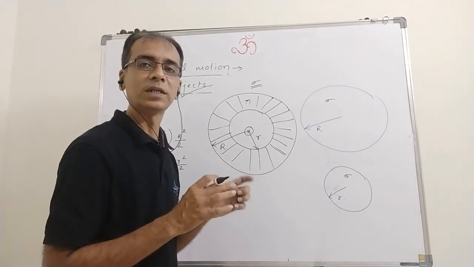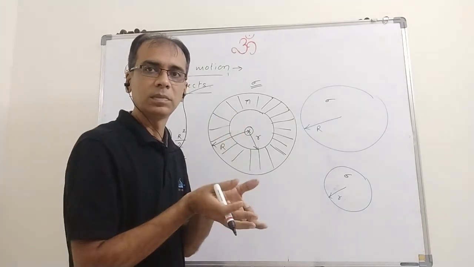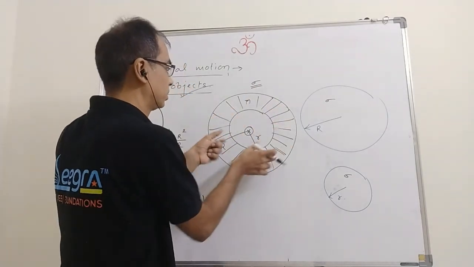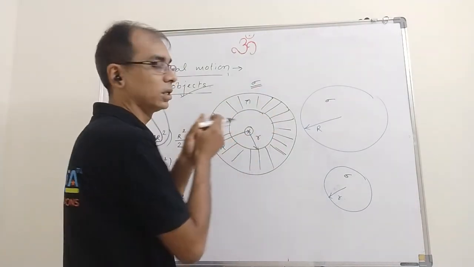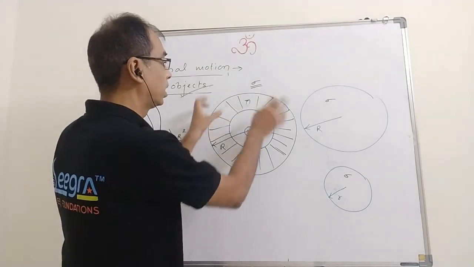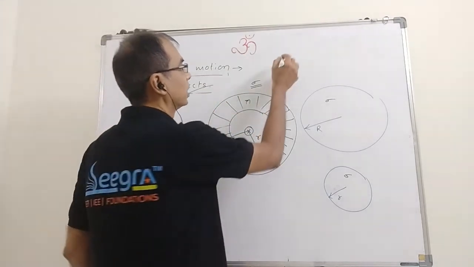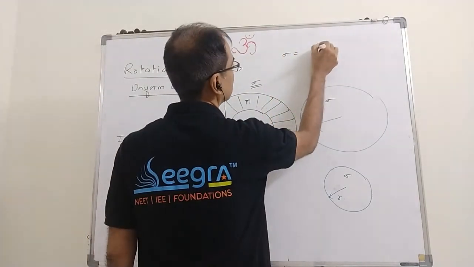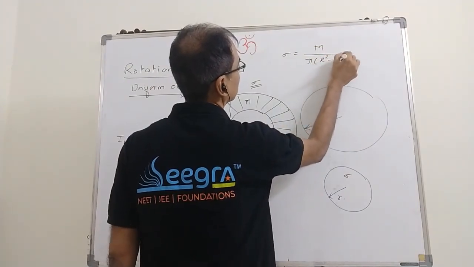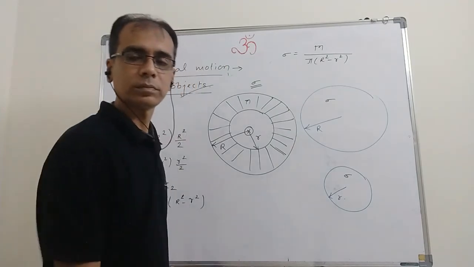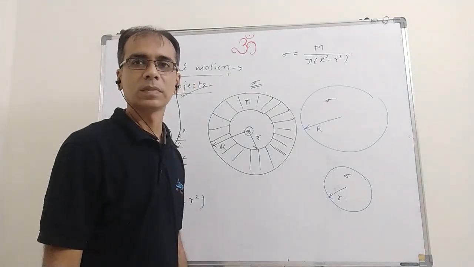This remaining portion's mass is m, because the removed part is not included in that. So sigma will be this mass by its area. Sigma is m by pi R square minus r square.